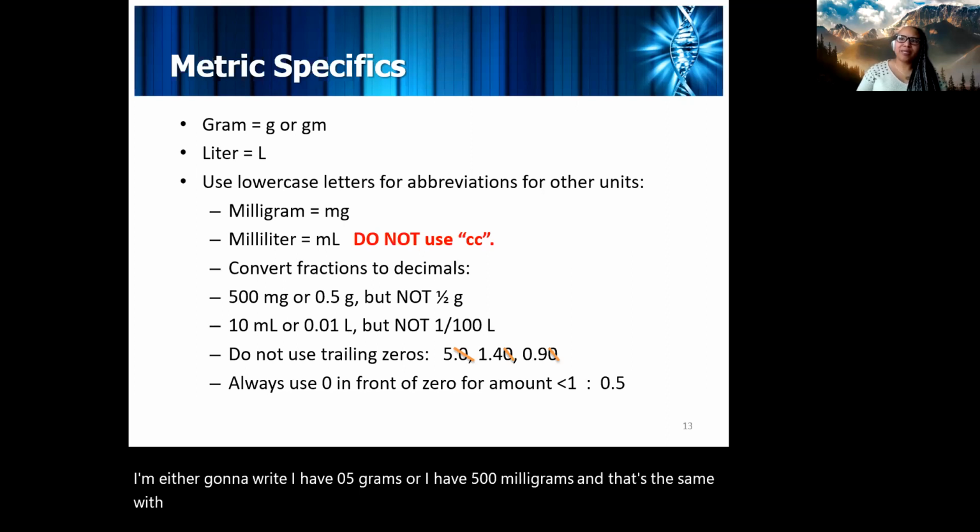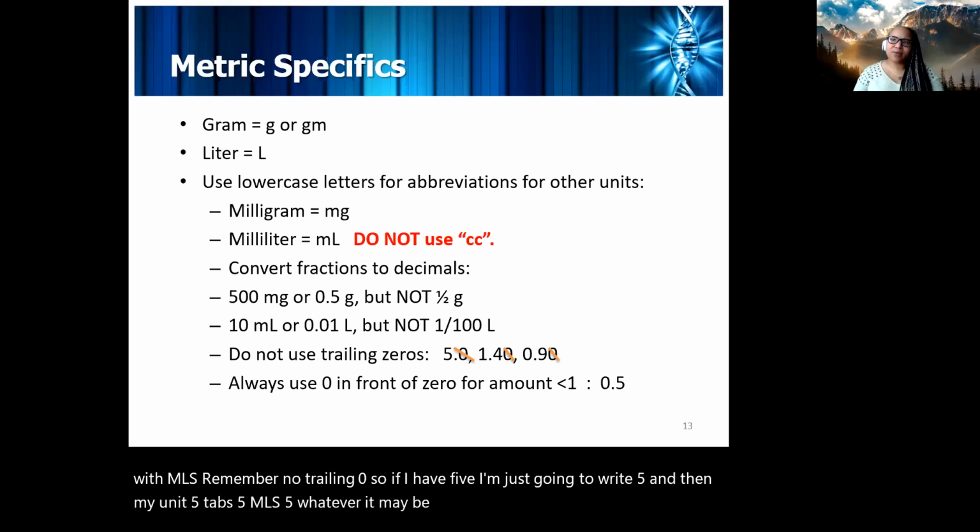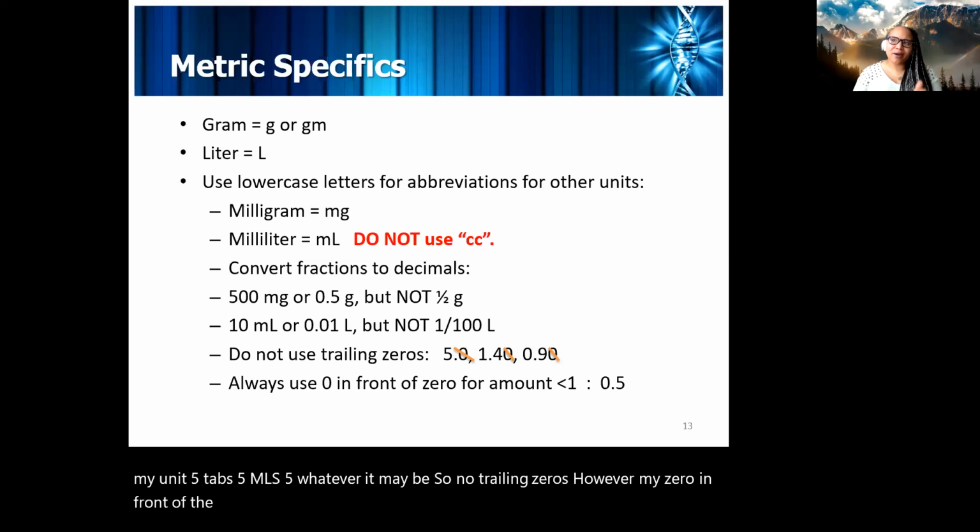Remember, no trailing zeros. So if I have 5, I'm just going to write 5. And then my unit, 5 tabs, 5 milliliters, whatever it may be. So no trailing zeros. However, my 0 in front of the decimal, I'm always going to put it there. So always use your 0 in front of the decimal.